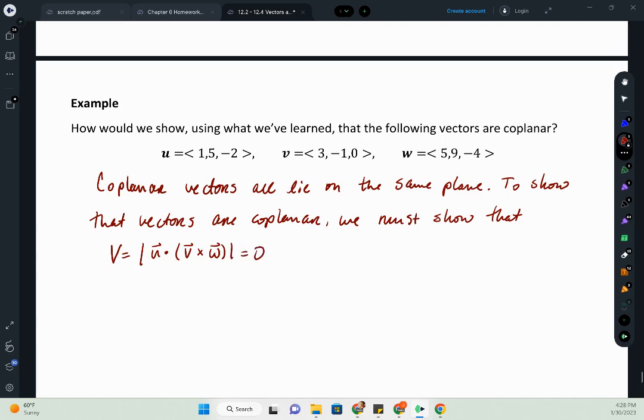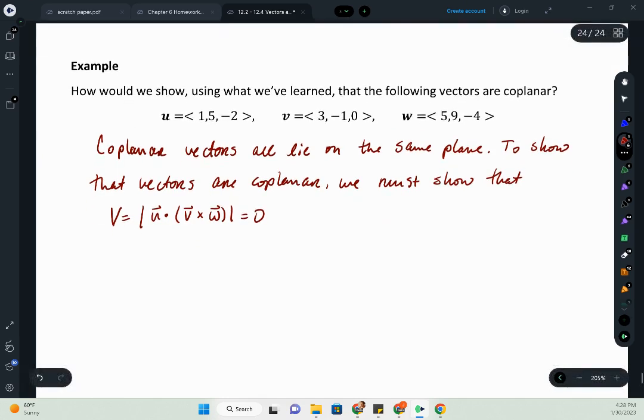If we don't get a 0, if we get like a non-zero volume, then that means that we are able to form a parallelepiped with the 3 vectors, which means they are not coplanar. Okay? This would imply coplanar.